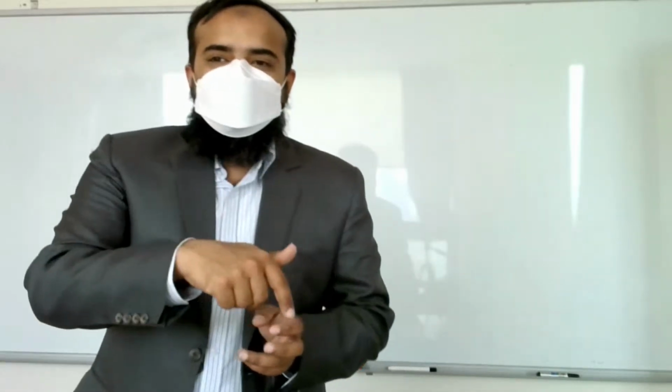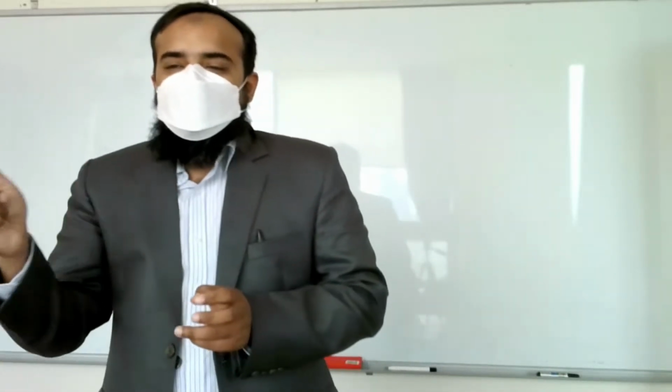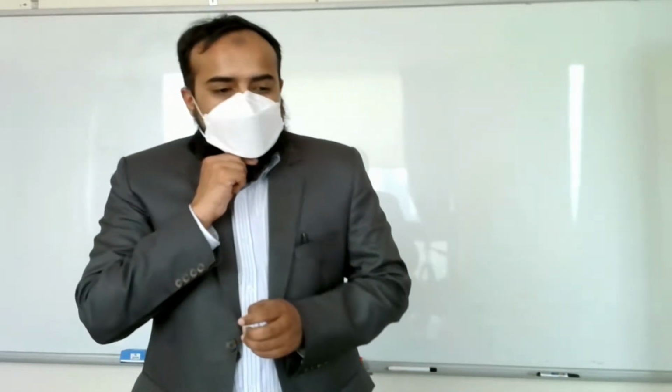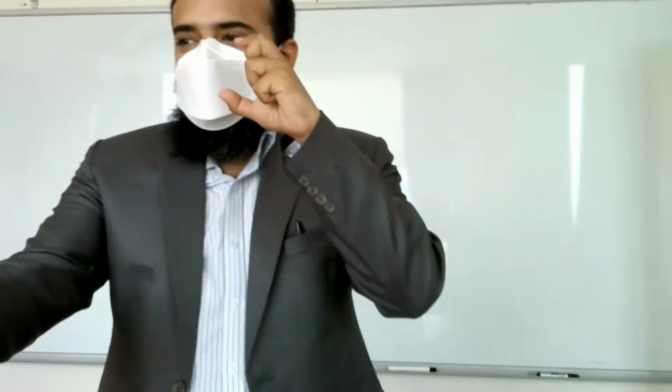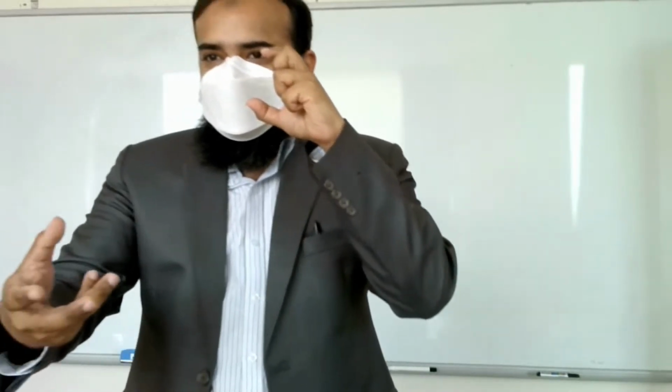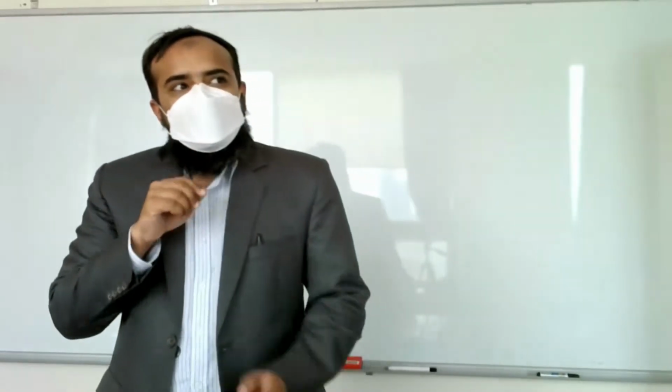It takes some time, then sends it back to the earth station. Like in the camera, we take a photo, but it takes some time to get the output. So in signal processing, smoothing is very important.